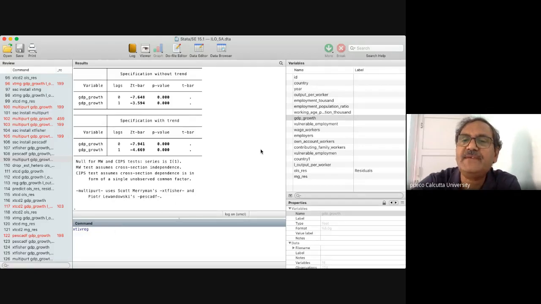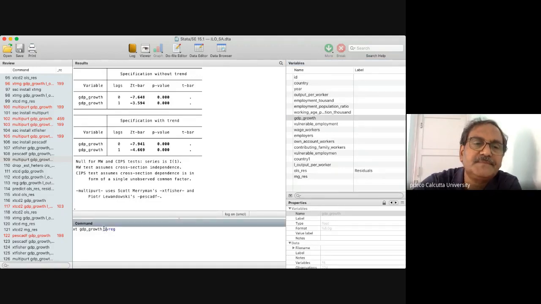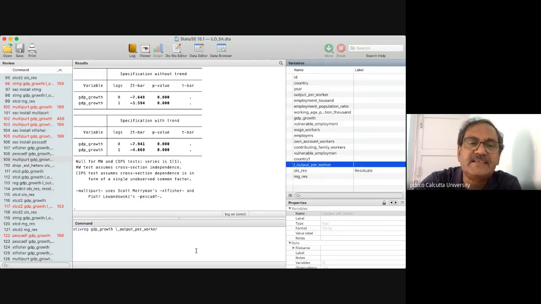So with xtivreg, suppose we want to estimate the same model where GDP growth is used as the dependent variable and labor productivity, log of output per worker, as a regressor.